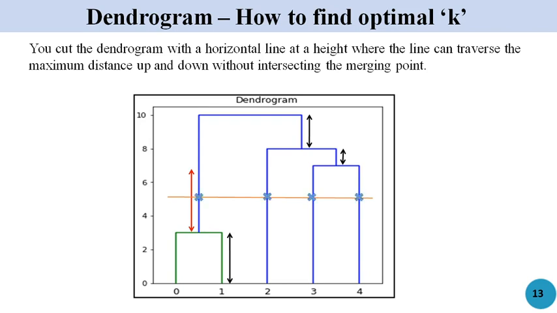So, what does that mean? The optimal value of k for this given data set will be 4. So, given any set of data points, once we plot the dendrogram, we can easily recognize what will be the optimal value of k from the dendrogram.